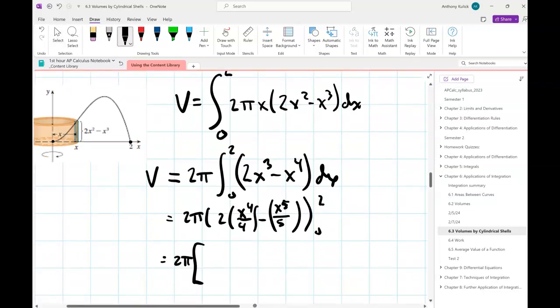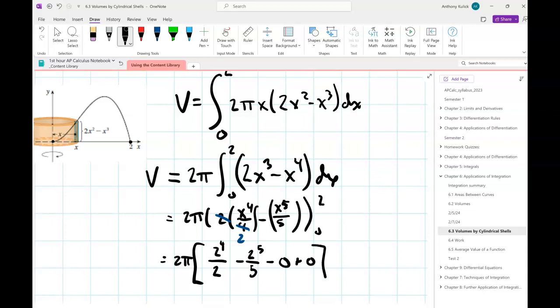So we have 2 pi. And then we're going to have 2 to the 4th over 2, like I reduced those, right? Minus 2 to the 5th over 5 minus 0 plus 0.